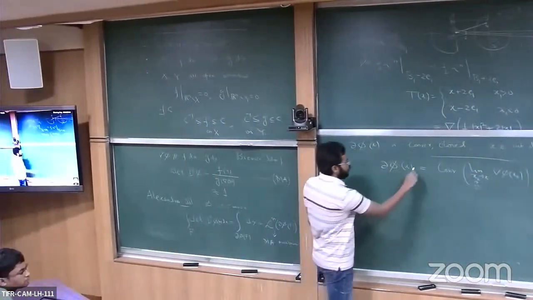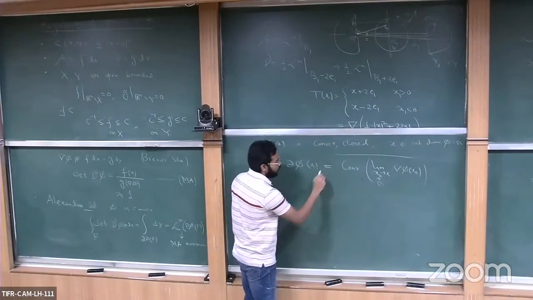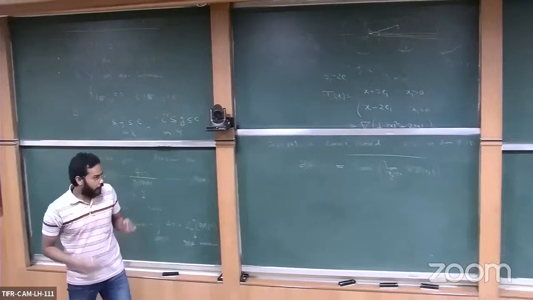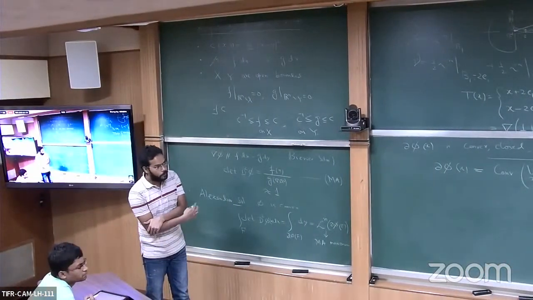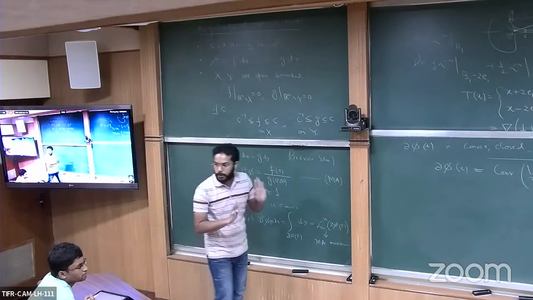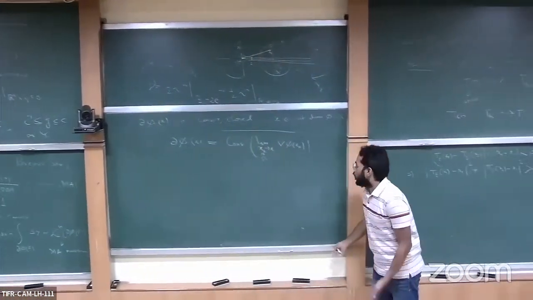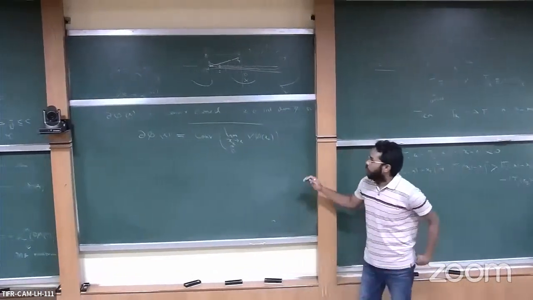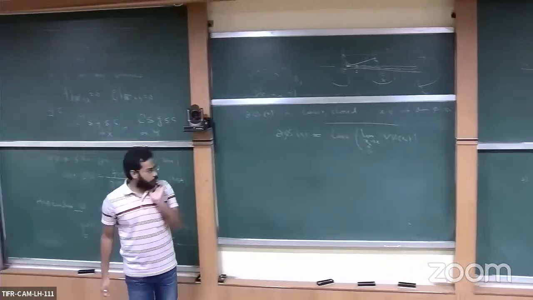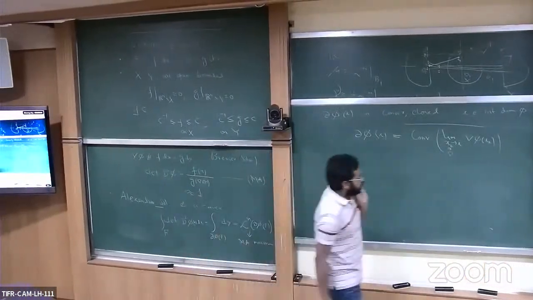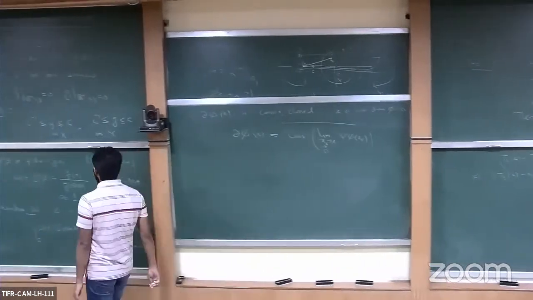I mean, this inequality is of course obvious, and you actually have this equality. I will give an intuition of why it should be true perhaps later, but for the moment I'm just going to skip the proof, let us just assume it and proceed.